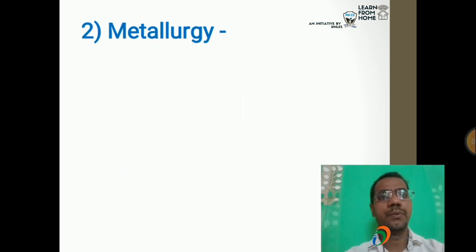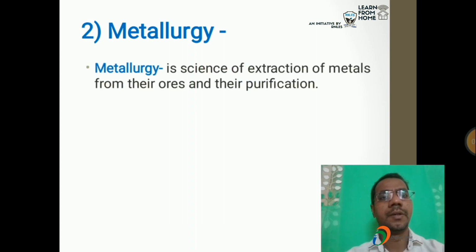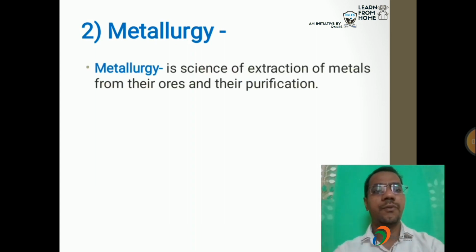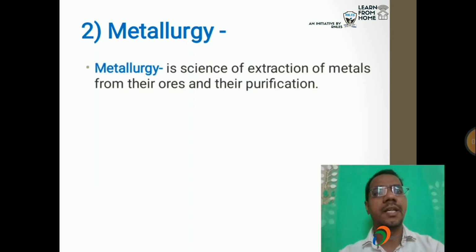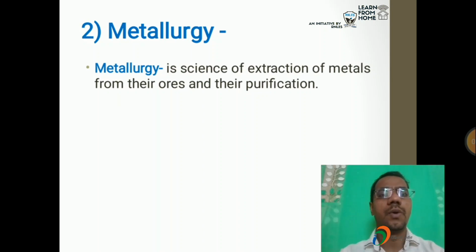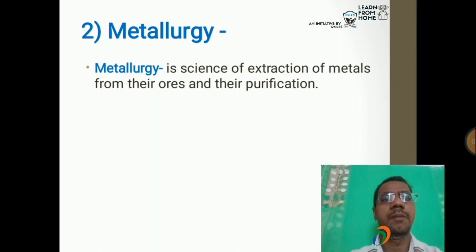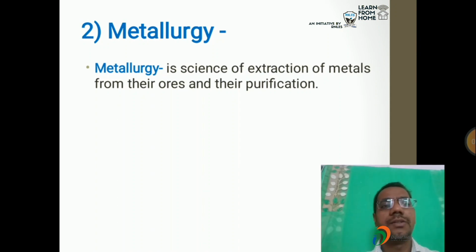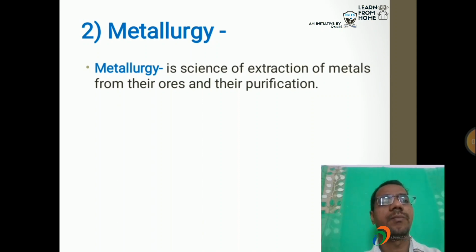Next point we have is metallurgy. We have different terms, and before starting the topic we must know the different terms present in the topic of metallurgy. What is metallurgy? It is the science of extraction of metals from their ores and their purification. What is meant by extraction of metal?